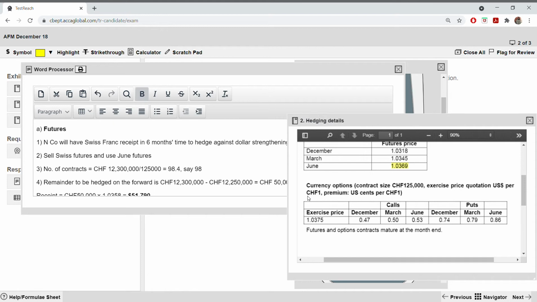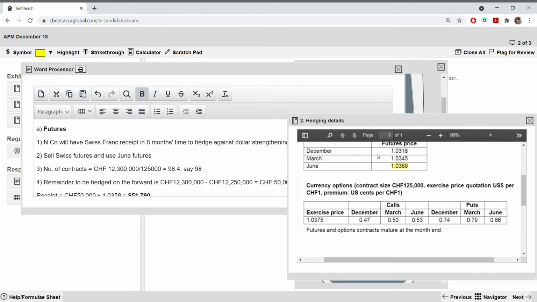So we want to hedge against dollar strengthening. So if dollar depreciates, the exchange rate is moving for the company. That shows that if you don't exercise the option, you are in favor. Why? We exercise the option only when the dollar is strengthening, when the exchange rate is going against us. Why? We want to hedge. But if the dollar is already moving in favor of us, why do we want to hedge?